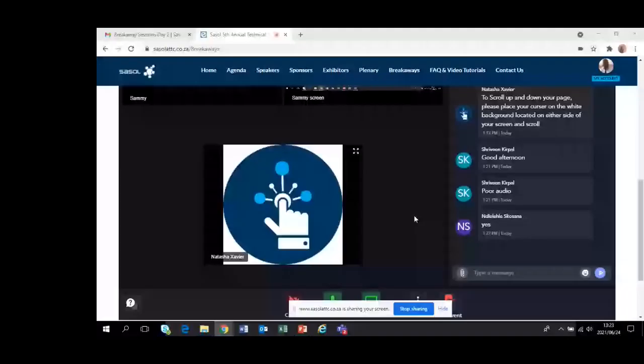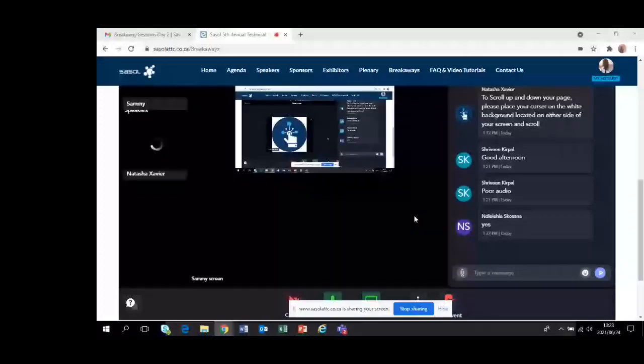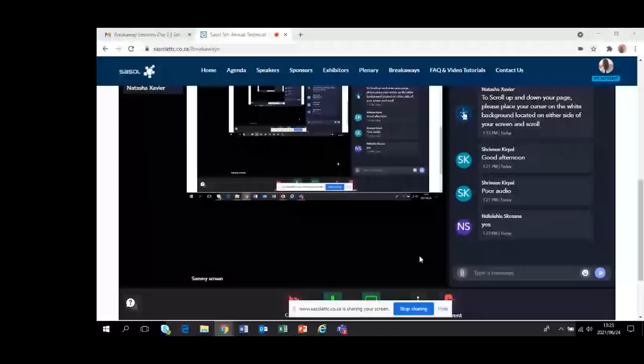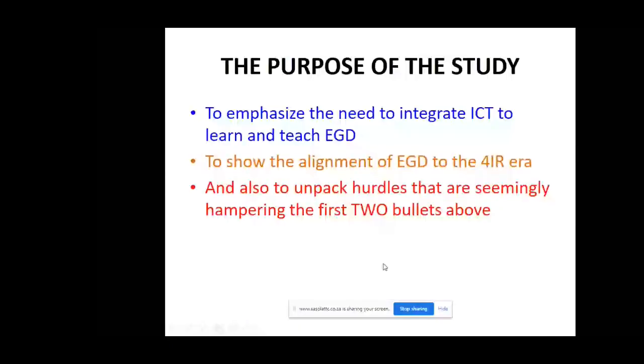Now you can click the share screen button and share your entire screen again, and then open your PowerPoint. Apologies for that, colleagues. We have a challenge of connectivity here.